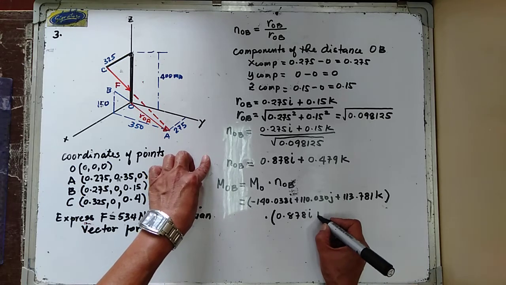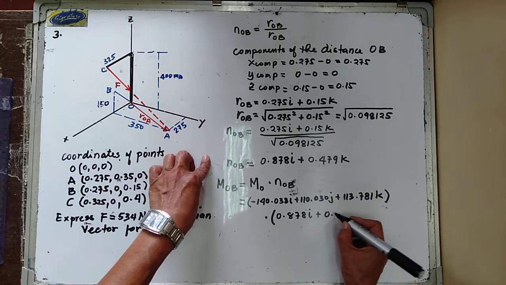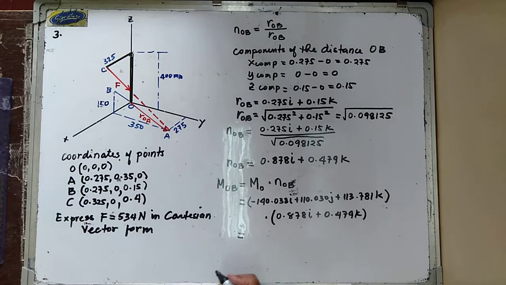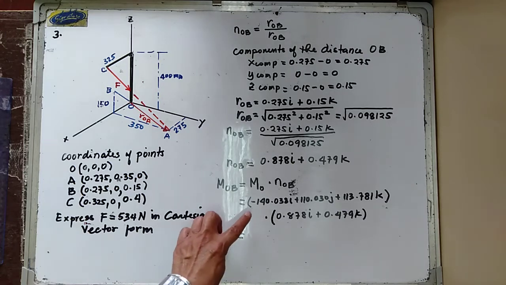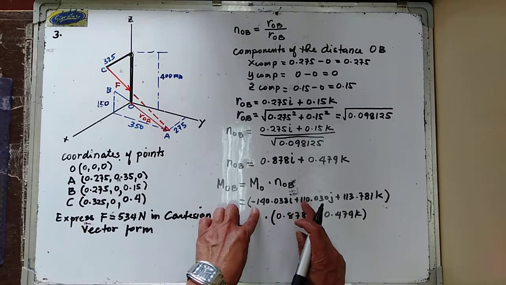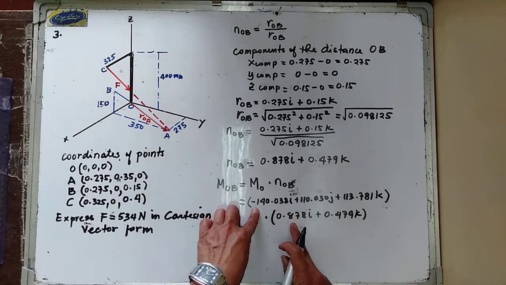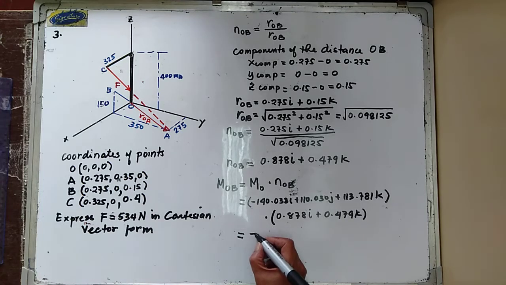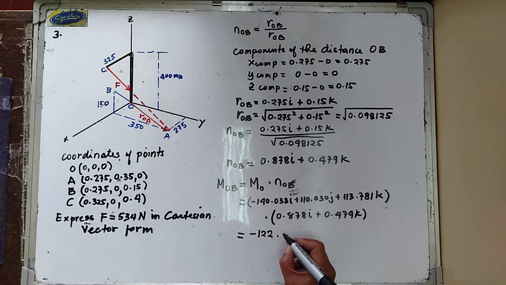So we now have that unit vector 0.878I plus 0.479K. And this is therefore equal to minus 140.038 by 0.878, which is negative 122.953.